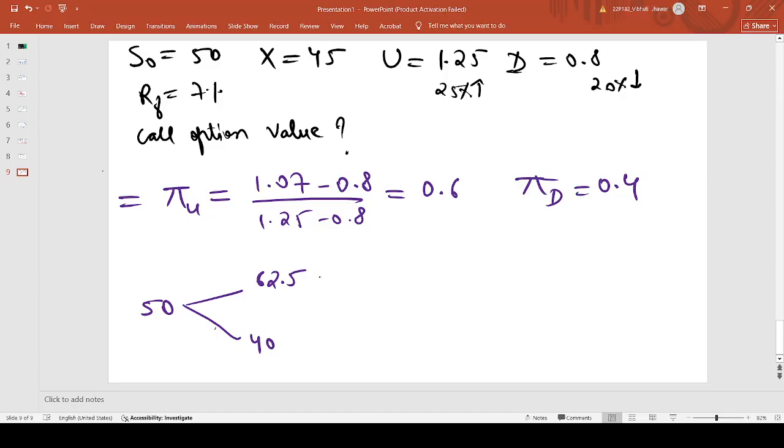Then again, 62.5 into 1.25, it can increase by 25%, which is 78.125, and it can go down by 20%, so 62.5 into 0.8, which gives us 50.